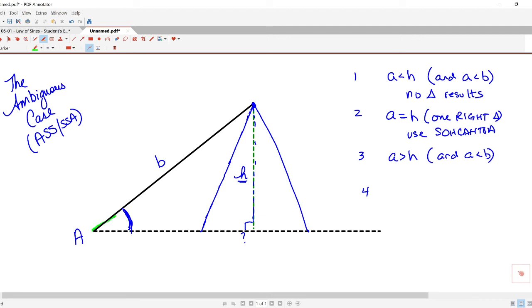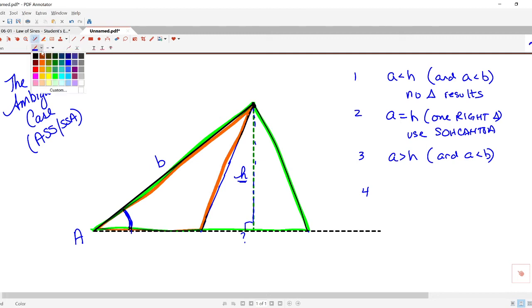One of them is this green one. And the other is this orange one. In both of those cases, those two triangles have an angle in common, angle A, side in common, side B, and this side here and this side here are both A. So we get two possible triangles.